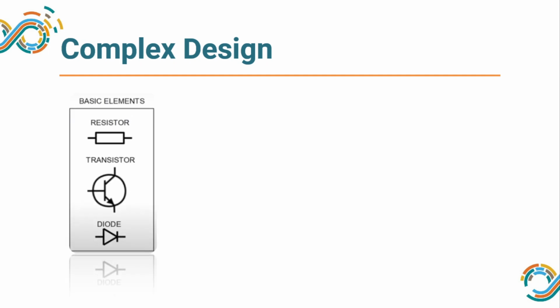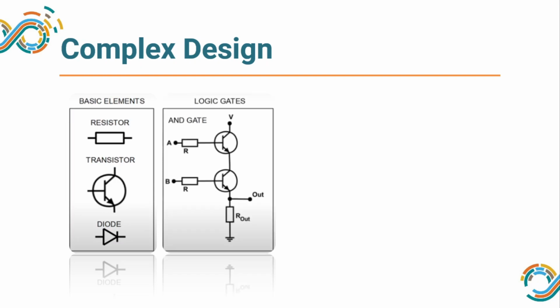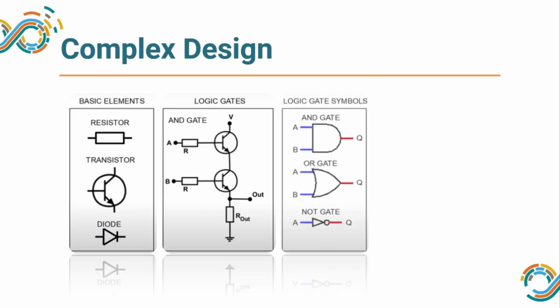Well, the approach is still the same. We are going to start with very basic elements like resistors, transistors, diodes. They are connected to make logic gates. Then we prepare our logic gate library.